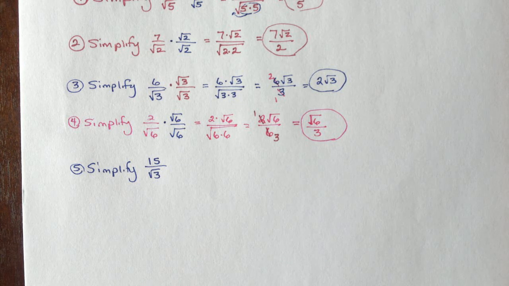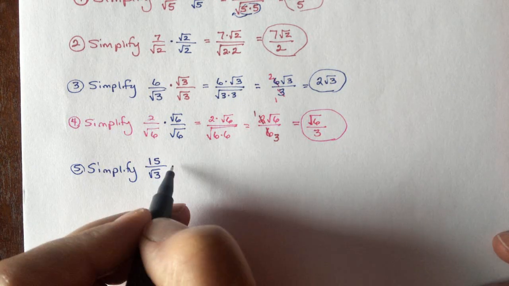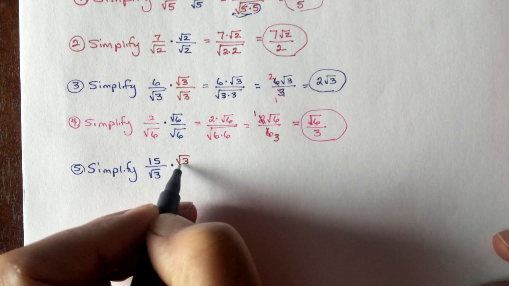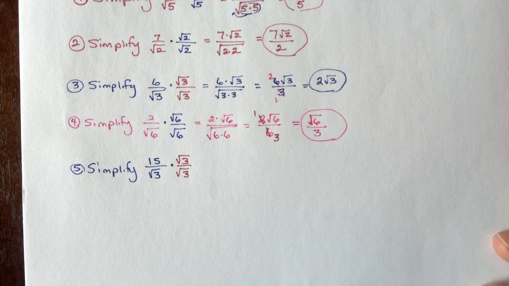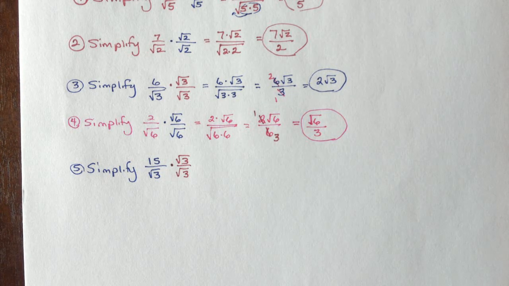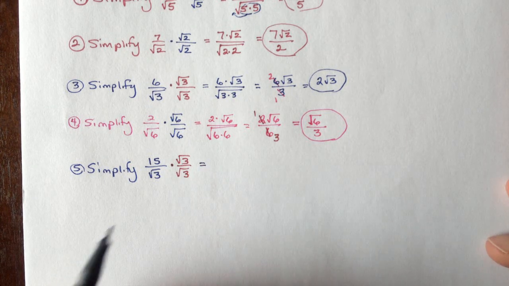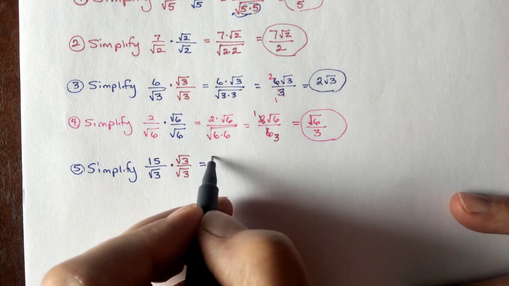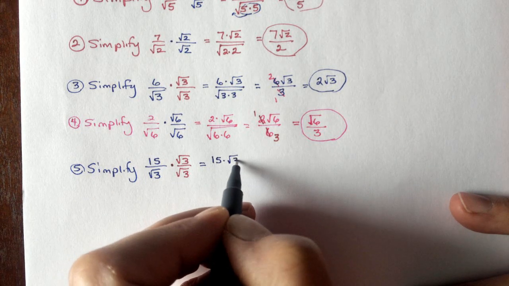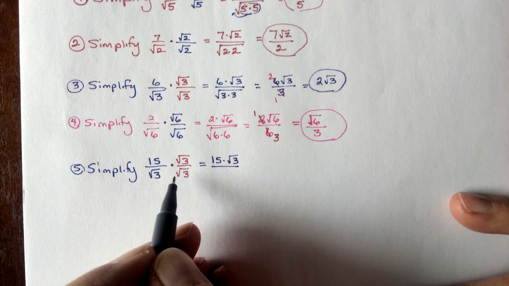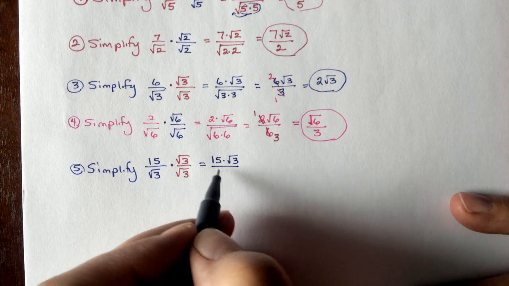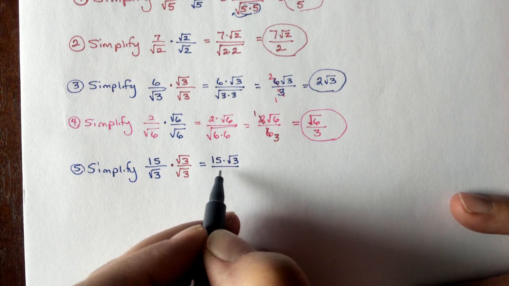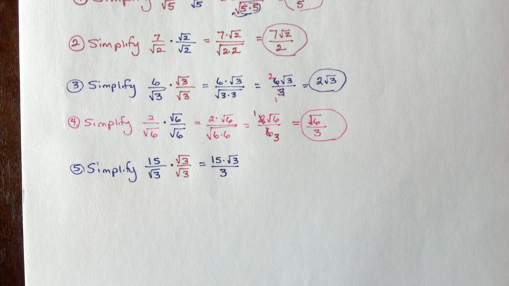Alright, so we're going to multiply by square root of 3 over square root of 3. I'm going to skip a step this time just to see what that looks like. 15 times square root of 3 in the numerator. In the denominator, square root of 3 times square root of 3 is going to be square root of 3 times 3, which is just 3.